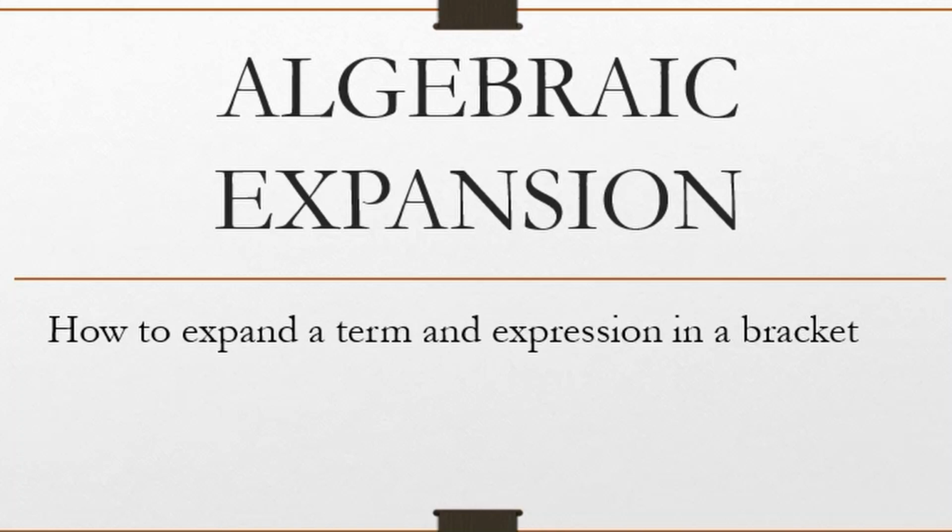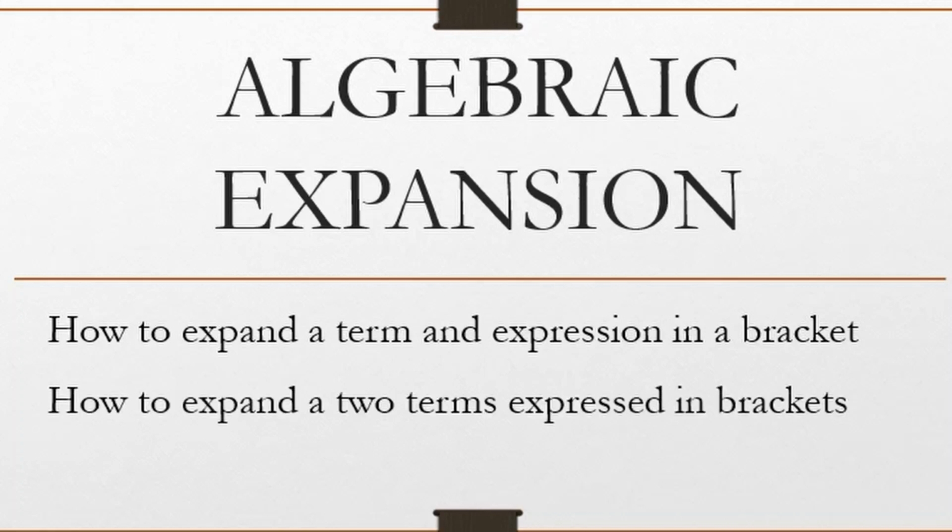Here we are going to have a term outside a bracket and a term or an expression in a bracket. Then we will also look at expanding two terms which are expressed in two different brackets. So these are the two things we are going to look at, and then add some little things to it so that we can end this video.